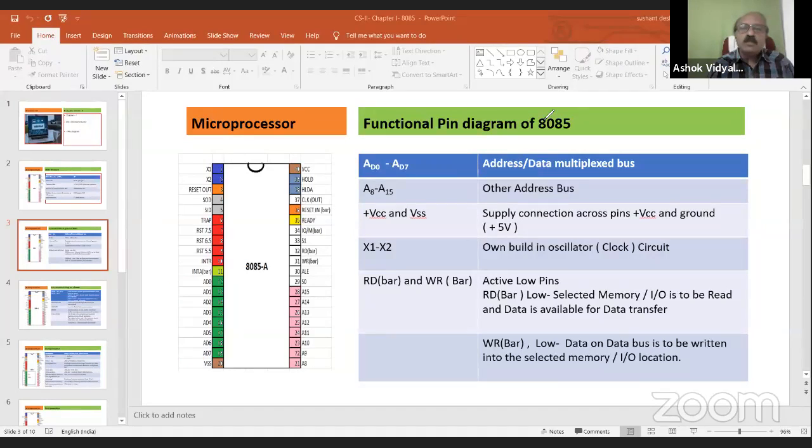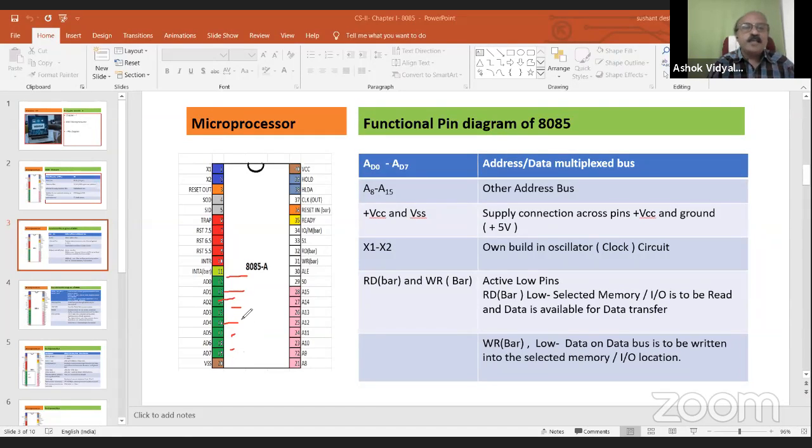As you know, data is 8 bits and an address is 16 bits. So whenever you want to put data, the data will be transferred from these pins AD0 to AD7. And when you want the address of a particular memory location, how can you give these 16 bits? For that, what is required? Another 8 lines will be required if these pins are made dedicated only to data.